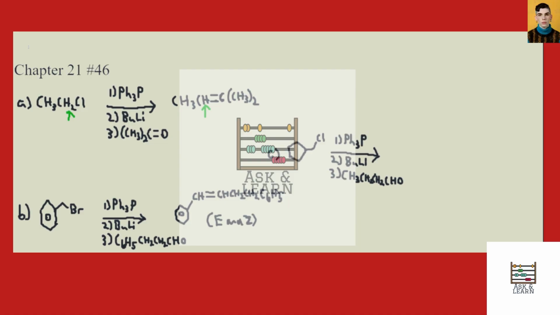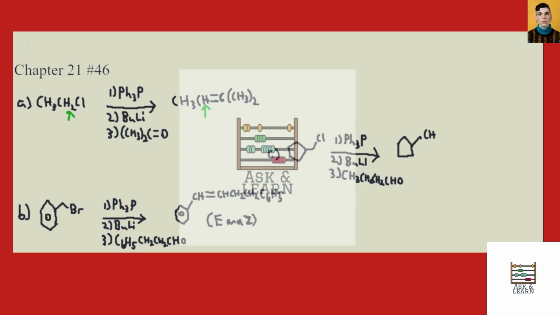Okay, and then for C, it's just going to be more of the same. We're going to form the Wittig from our starting material and then react it with the carbonyl we're given as the third reagent. Following that same methodology, here we can just put CH if that's easier than leaving it in typical line notation.